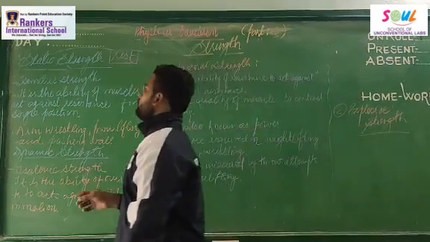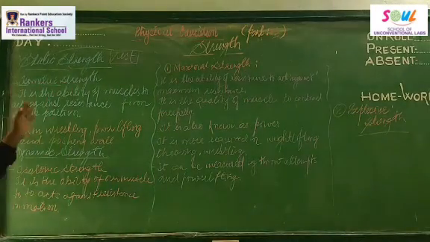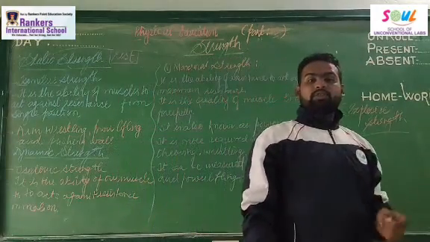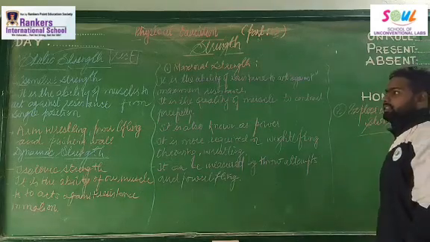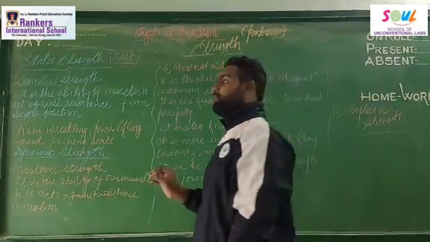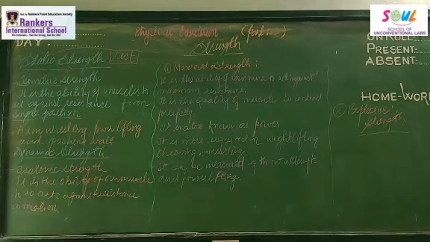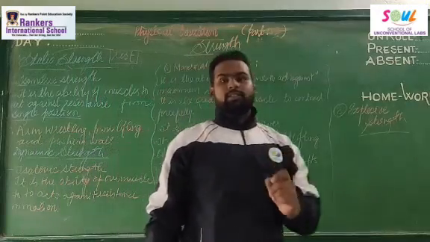Static strength is also called isometric, meaning same length, right? It is the ability of the muscle to exert force or to overcome resistance from a single position. What I want to say is that static strength is that strength which is at rest.